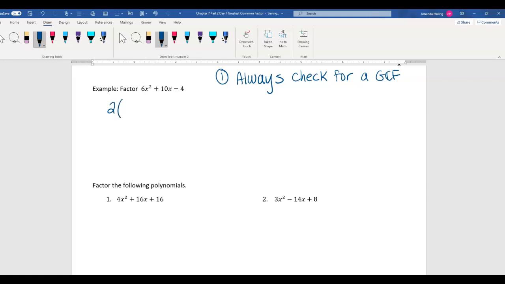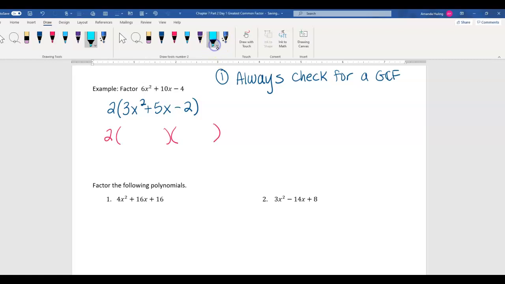So I'm going to take out a 2, and I get 3x squared plus 5x minus 2. Now, I can't lose that 2. That 2 doesn't fall off the face of the earth. I now know I have a quadratic with 3 terms, okay? So I know I'm going to have a binomial times a binomial.